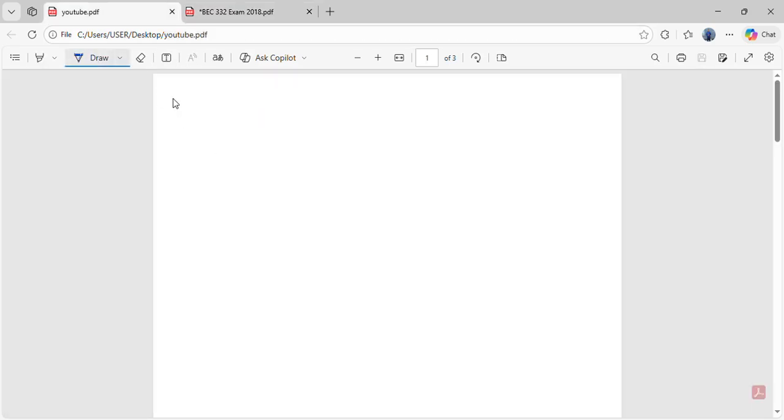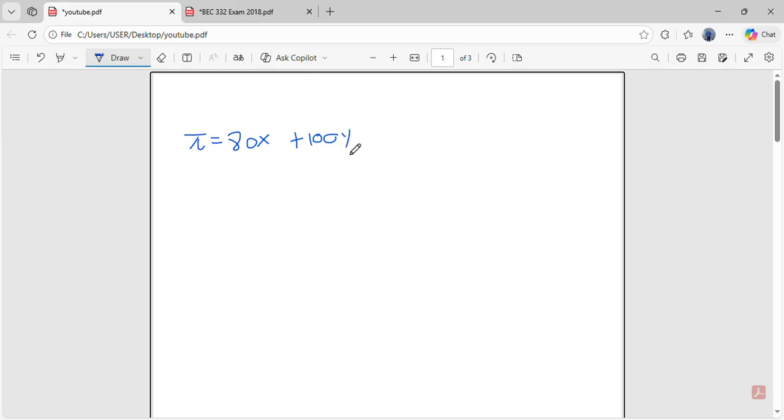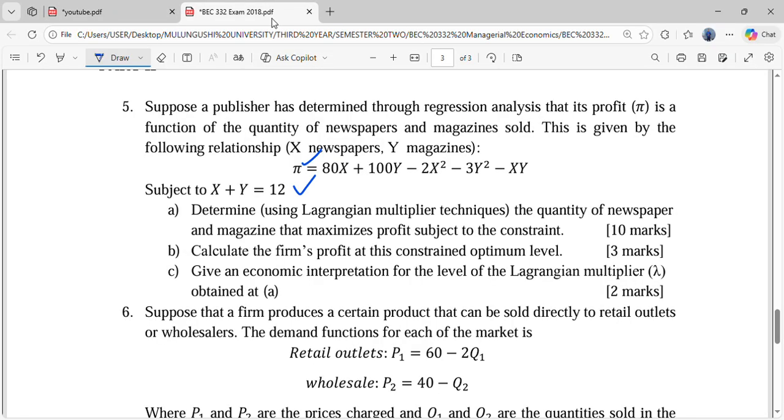In this question, pi equals 80x plus 100y minus 2x squared minus 3y squared minus xy. This is the original function, and the constraint function is x plus y equal to 12.